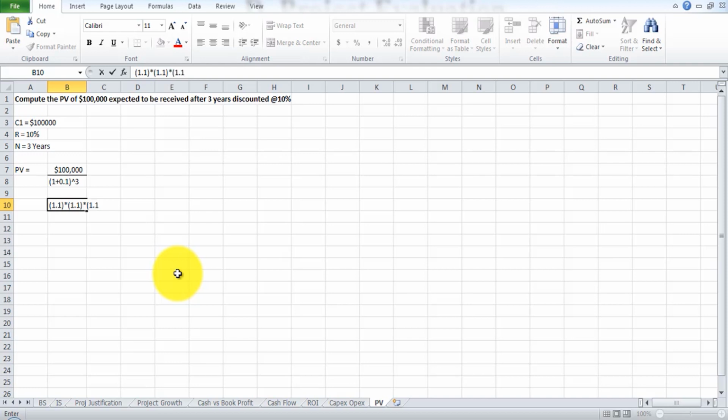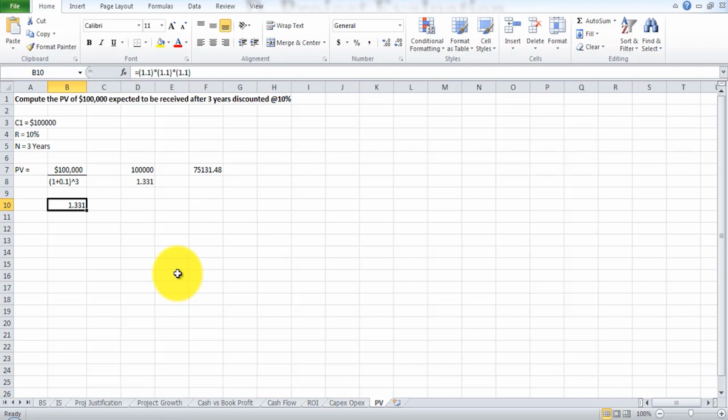That's 1.1 raised to the power of 3, which is 1.331. So, putting the figures over here, it's $100,000 divided by 1.331.